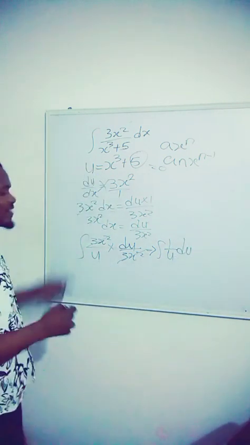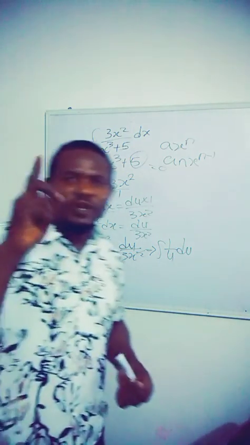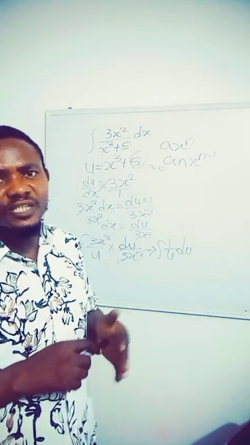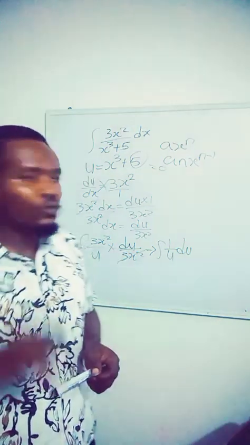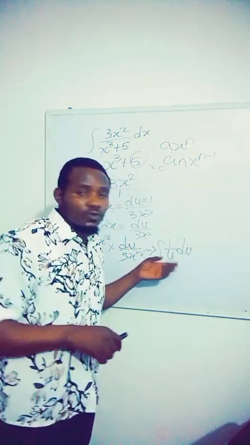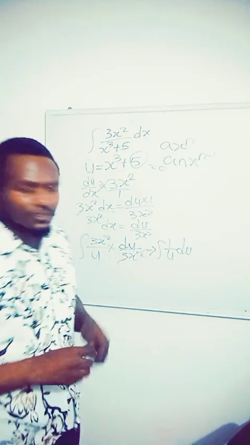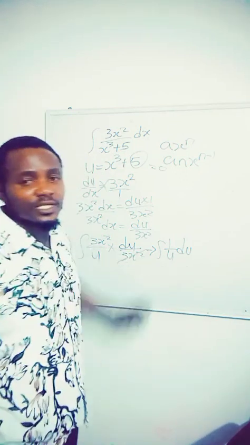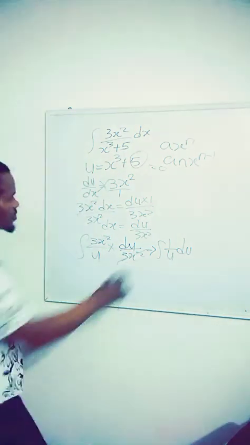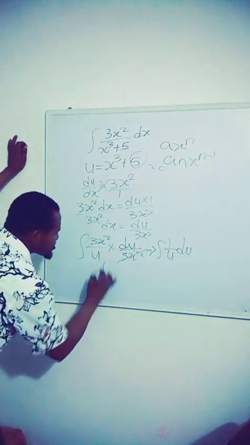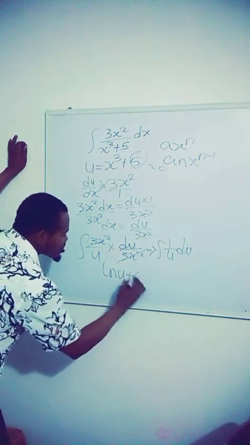And I said whenever you are integrating 1 over a single variable, it is going to give you ln. Another word for ln is logarithm. So we can say ln u plus c.